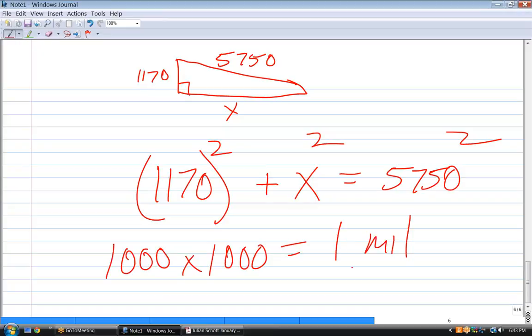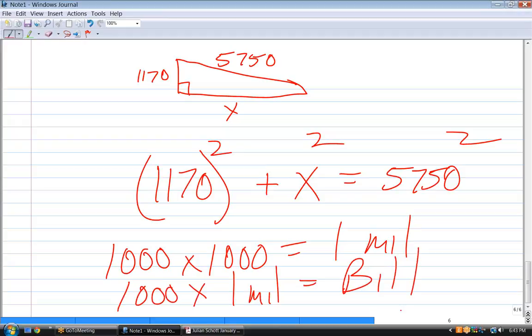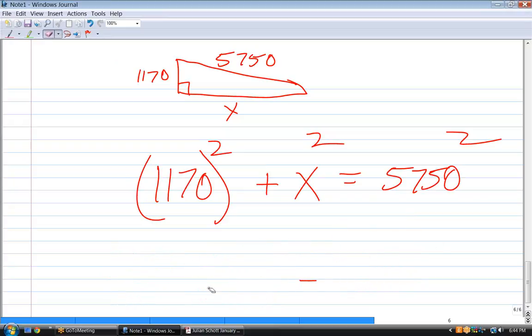1,000 times a million is a billion, and so forth. That's a piece of knowledge that's worth knowing. If 1,000 times 1,000 is a million, then where's the decimal point going to be on this number? Right after the 1.